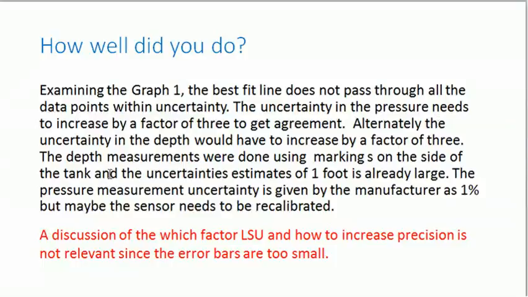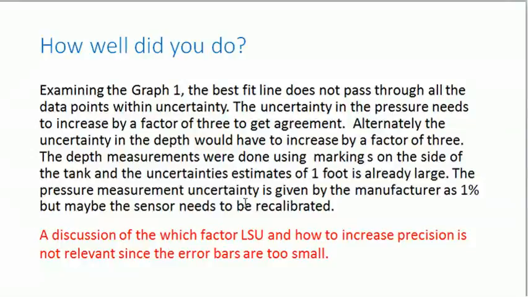Now, it could be that you have bigger uncertainty in the depth. That would be your horizontal error bars are much bigger. But you think about how you did it, and the depth measurements are easier to make than using this instrument to measure pressure. And what you think then is that the uncertainty the manufacturer gave was 1%, but you're off by about 3%.